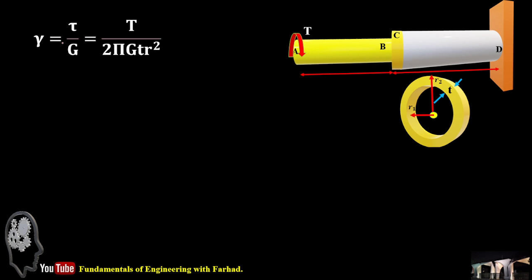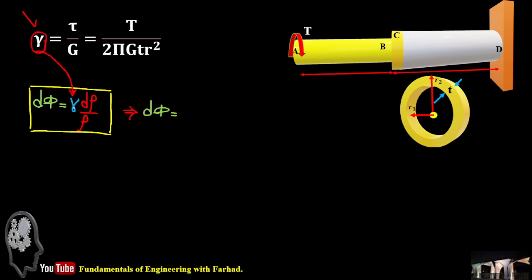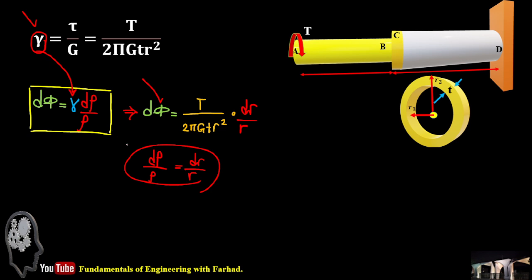Now we already know what our gamma is, and d phi is equal to gamma d rho over rho. If you plug in this gamma in this relation, it gives you the elementary angle of twist: T over 2 pi G thickness r squared times dr over r. We just replace d rho over rho; they are identical to each other.